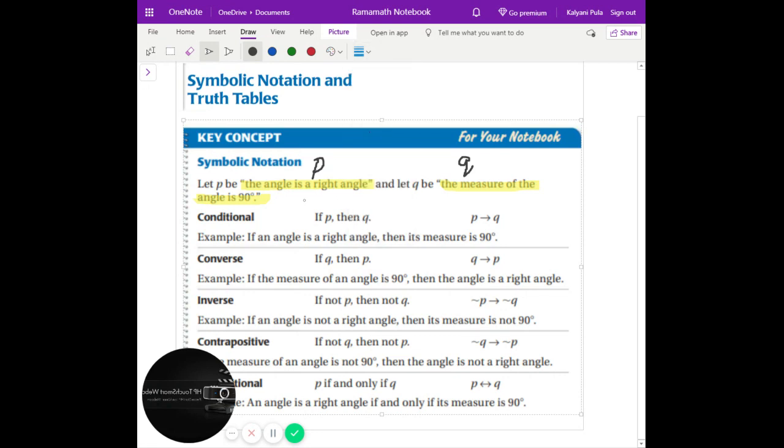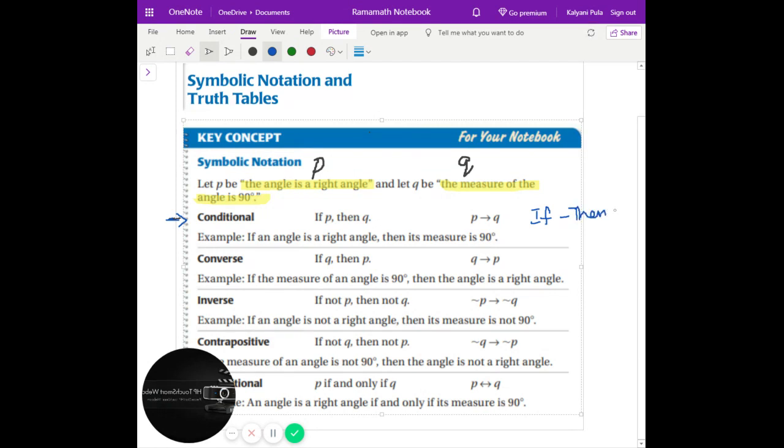When I look at these two statements, now I'm going to write a conditional statement. Conditional means just writing it as a statement. You remember we first learned if-then statements in the last exercises.